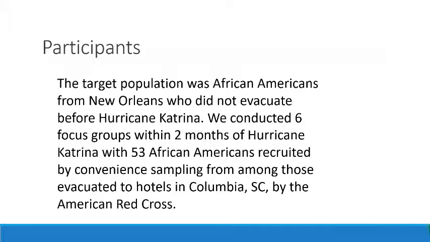The authors provide even more detail on the specific nature of their sampling strategy and the sample size and the way they obtained their sample. In this case, we have a sample of 53 African Americans that were recruited, and we're also told that they were recruited by convenience sampling. In convenience sampling, participants are those who are conveniently located or available for the study, rather than randomly sampled.